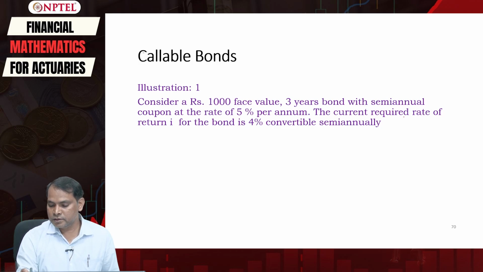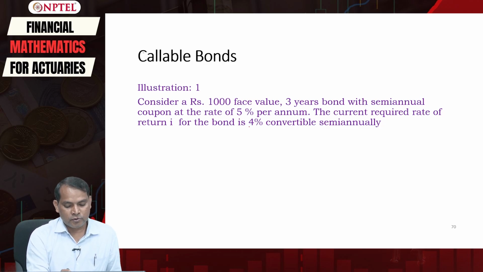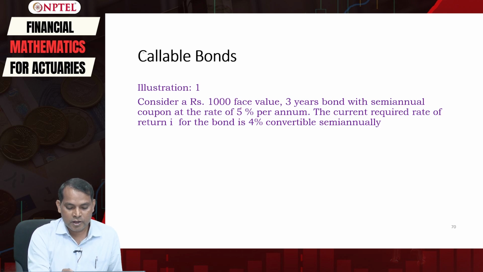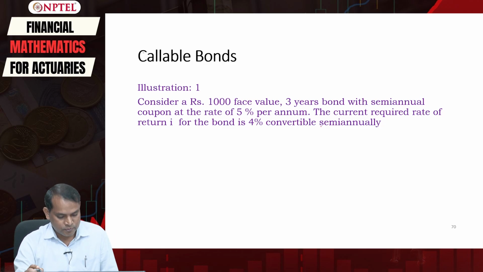The current required rate of return, that is the yield, for the bond is 4%, which is again convertible semi-annually. So we divide the 5 by 2 and the 4 by 2, and then proceed to compute the price of the bond.